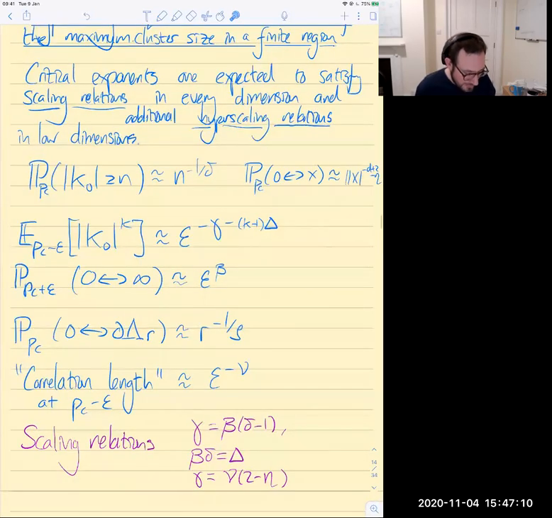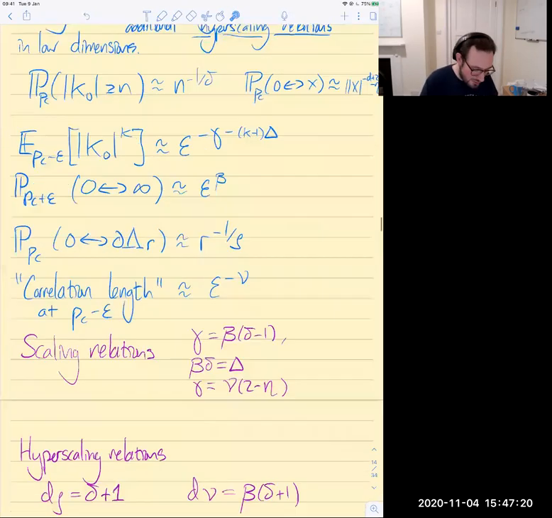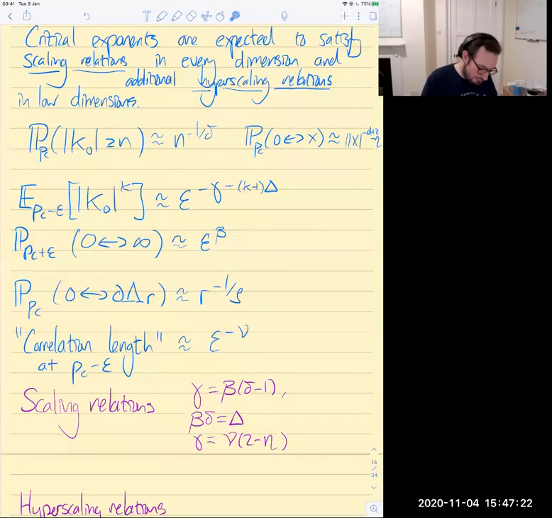As I said before, we expect our critical percolation models to be described by various critical exponents. I've written down a bunch here. You can always define more, but basically, when you have something decaying or blowing up as you approach p_c, or if you're at p_c and you look at the tail of some random variable, you typically expect these things to be described by power laws.